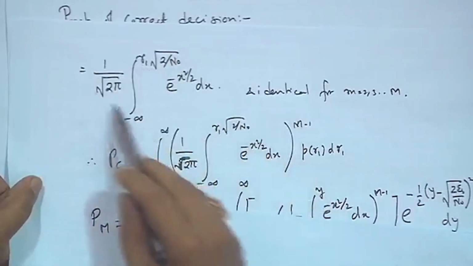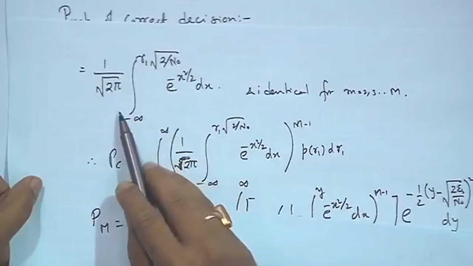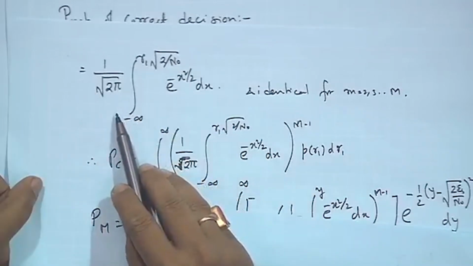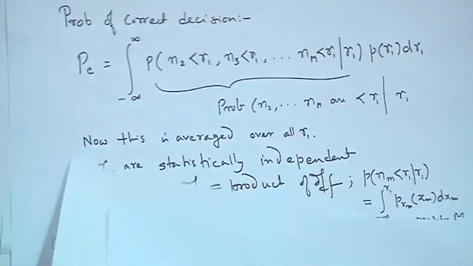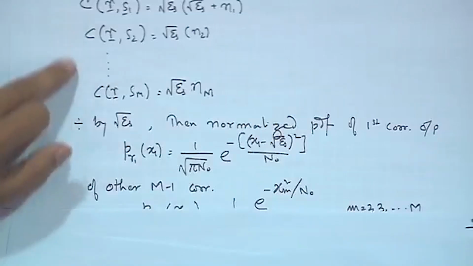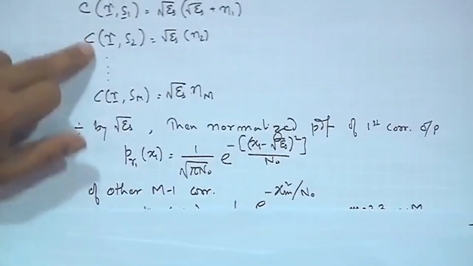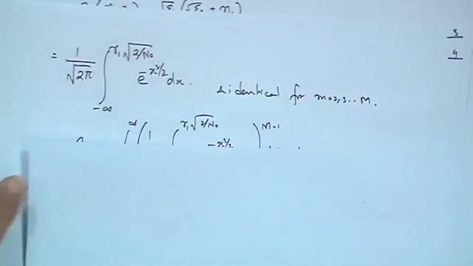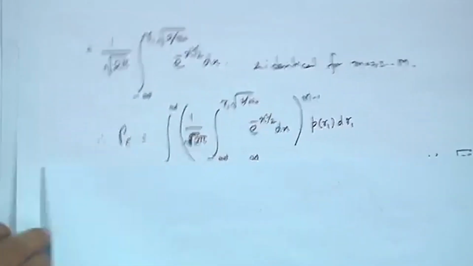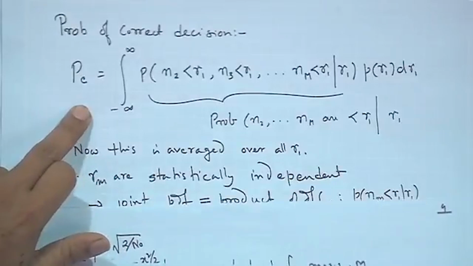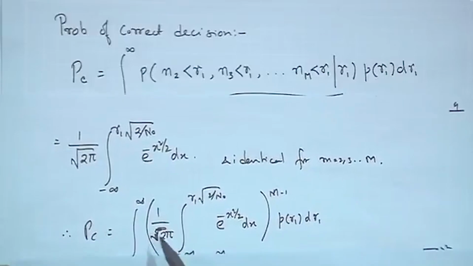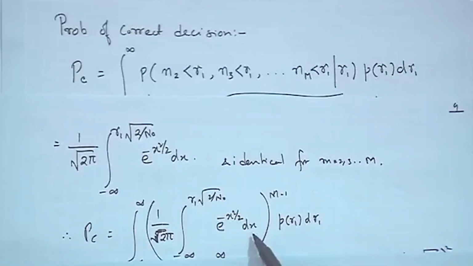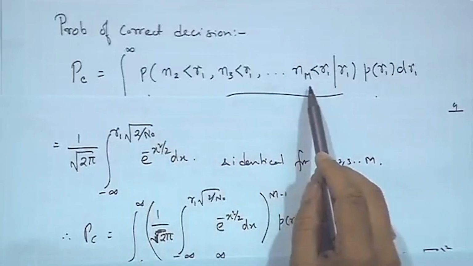So, this is the expression for any particular other PDF, and it is the same for all. You can easily guess by looking at these correlation outputs, all of them have a similar output. So, it is the same PDF, and hence the probability of correct decision, which we have written over here, can now be written as the individual raised to the power of M minus 1, because we have 2 to M.